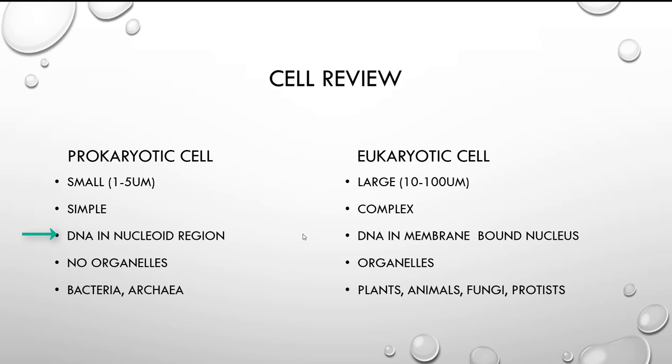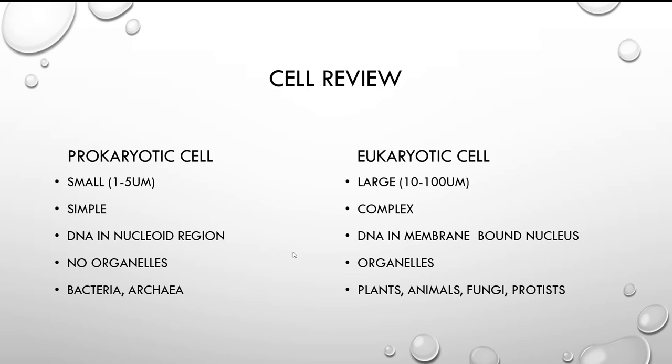Whereas the eukaryotic cells are very complex. They do have a nucleus. They do have different organelles inside, and those organelles all have different functions. And then as far as the types of organisms that have prokaryotic versus eukaryotic cells, we have our domains of life. Bacteria and archaea are two domains of life that fit under the prokaryotic cell category.